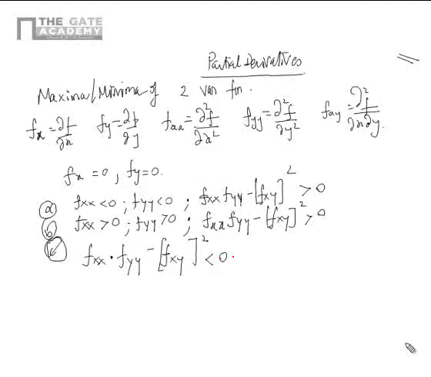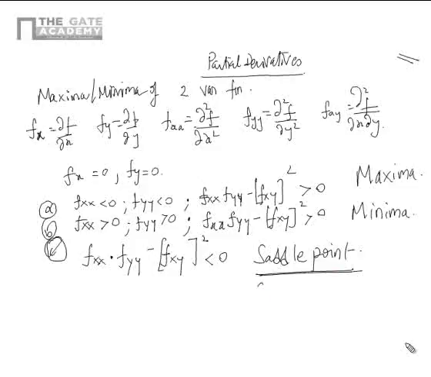This is the condition for maxima, this is the condition for minima, and in this case we say that it is a saddle point. This is neither a maxima nor a minima, neither max nor min.